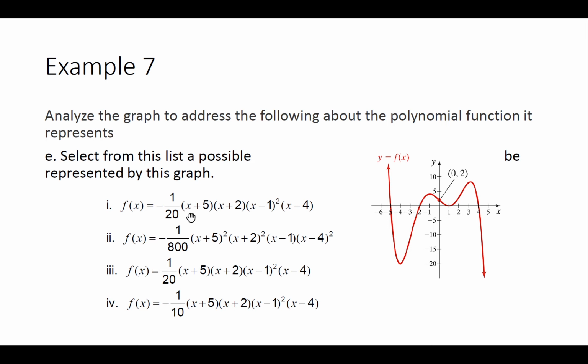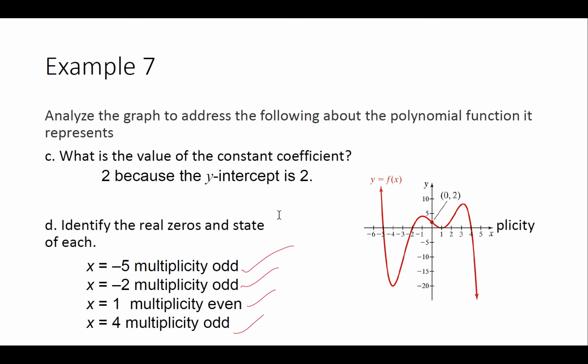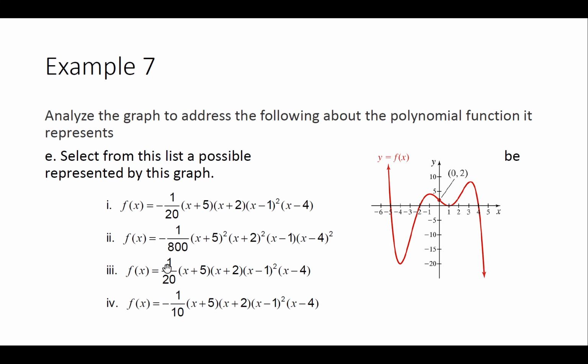Then you just compare which function has all those properties. We need odd for -5, odd for -2, even for 1, and odd for 4. So everything else has odd multiplicity except 1. Look at these functions for odd, odd, even, and odd.